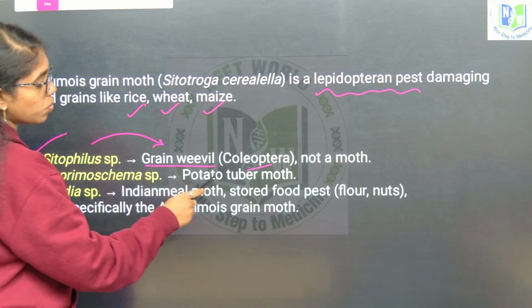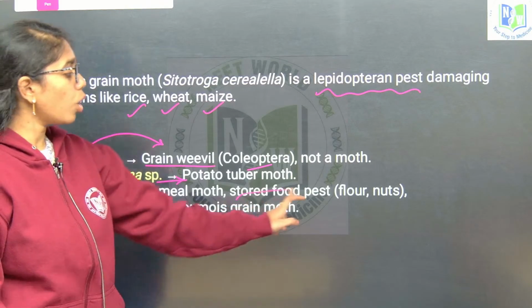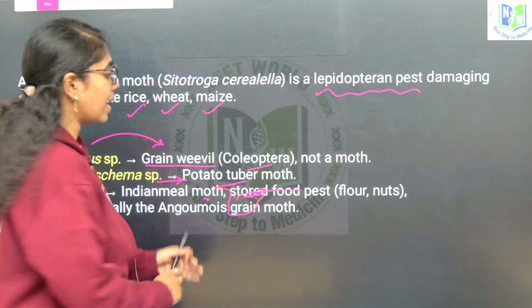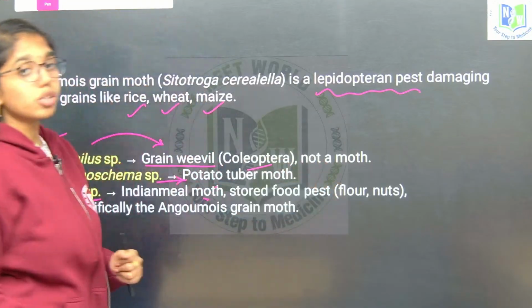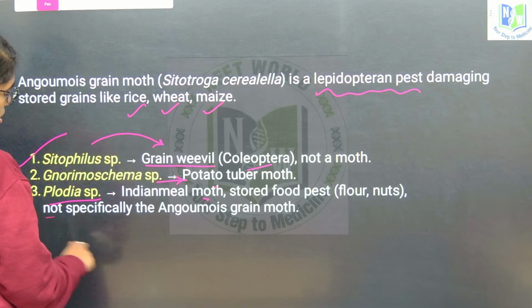Another species is a potato tuber moth. And Plodia species is called Indian meal moth or stored food pest, which is seen in flour and nuts.